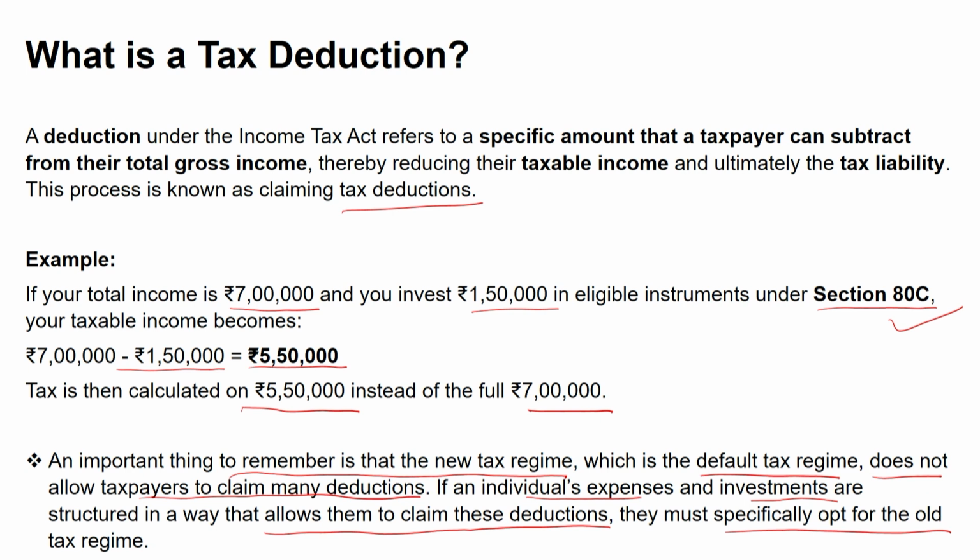So the old tax regime, which was relevant in the previous and the current assessment year, may be opted for claiming the different types of deductions that are allowed to the assessee under section 80C and under various other sections from 80C to 80U.